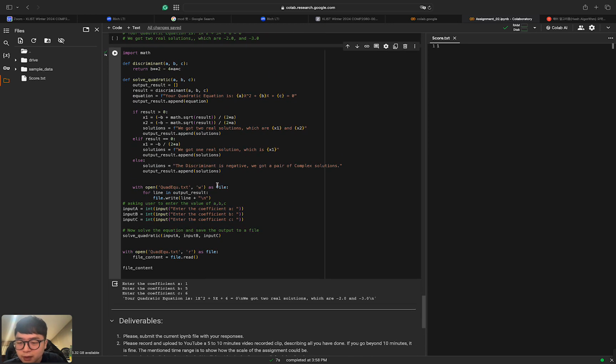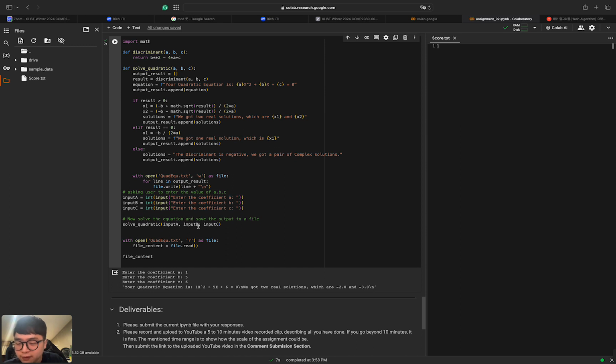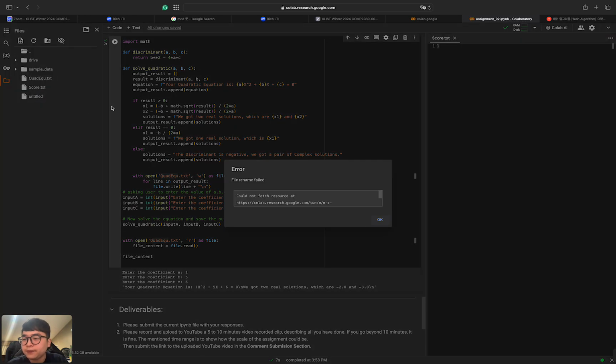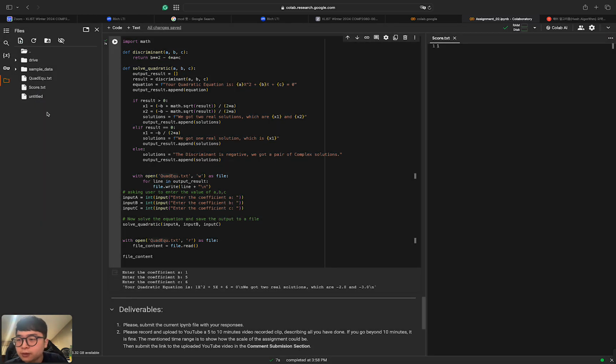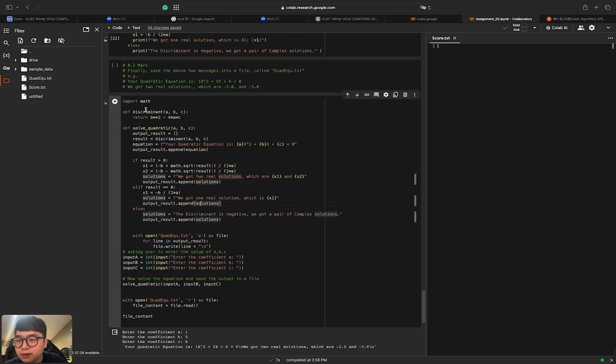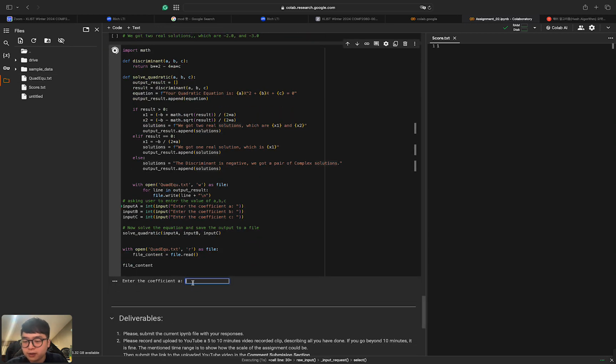We have to save this one to the quad equal.txt, like the score txt. We haven't created the quad equal.txt, so I'll just create a new one here, quad equal.txt. Okay, it's created here. So let's run it: 1, 5, and 6.